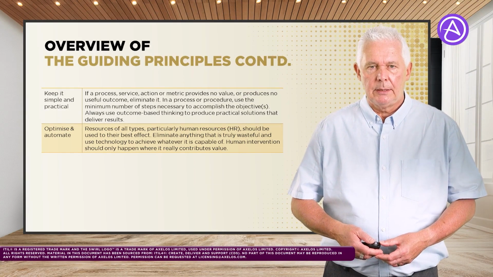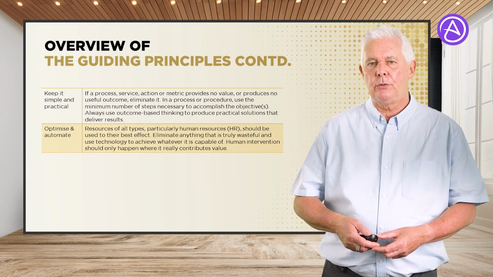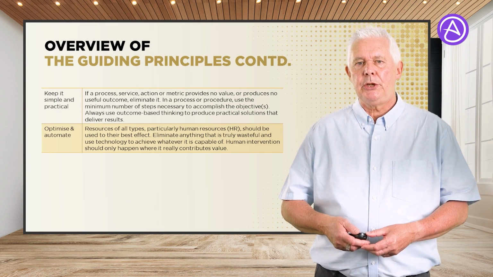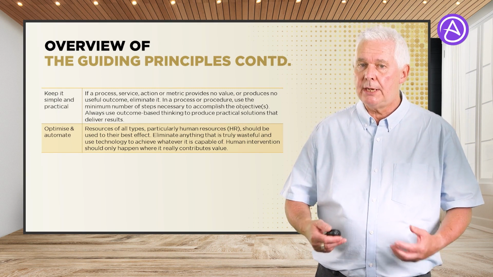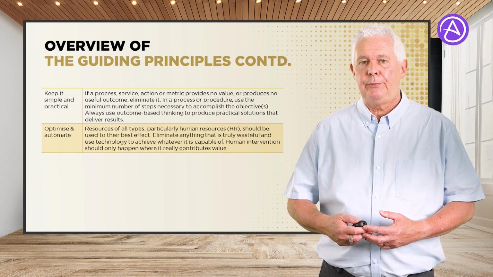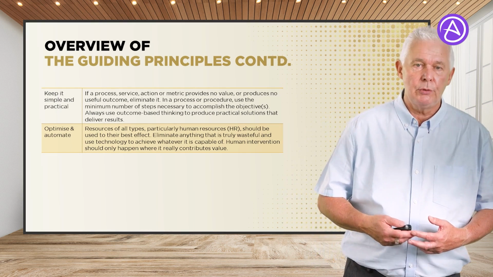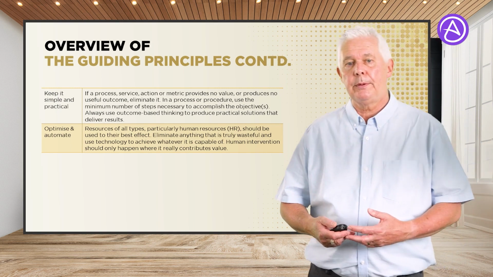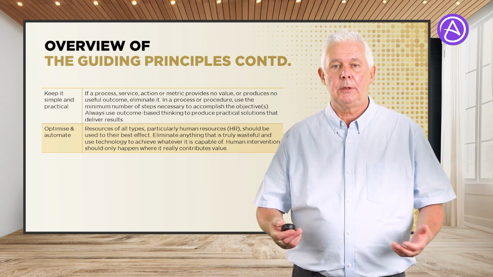Optimize and automate. So this is putting a focus on where can we effectively use automation. Automation is quite an expensive resource, so we should focus it on the things that are really important. Yeah? And if we do that, we may be able to actually remove people from doing routine work and free them up to be involved in more rewarding work and higher priority work.